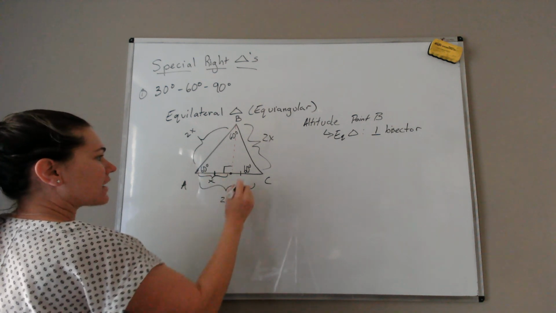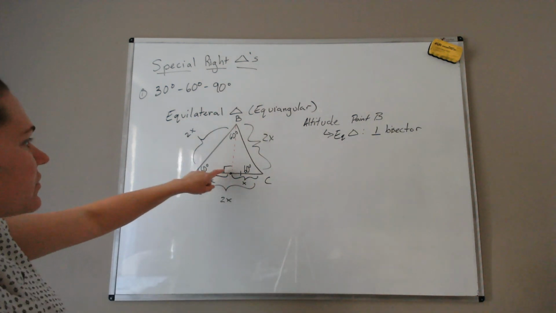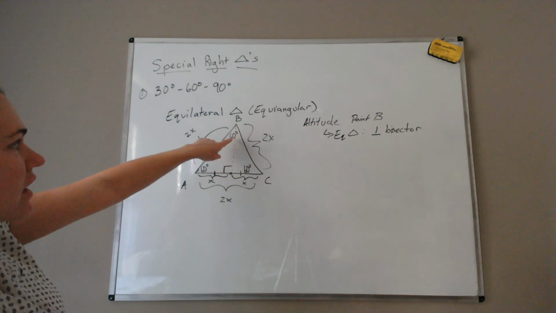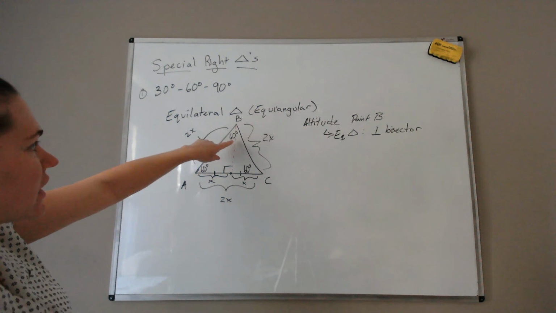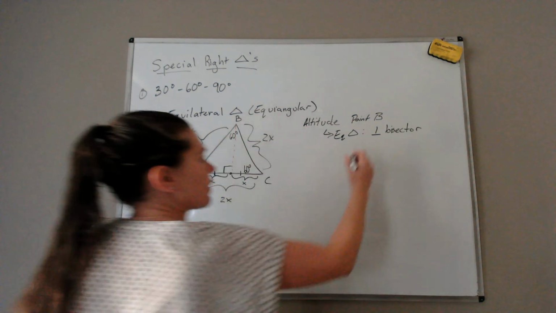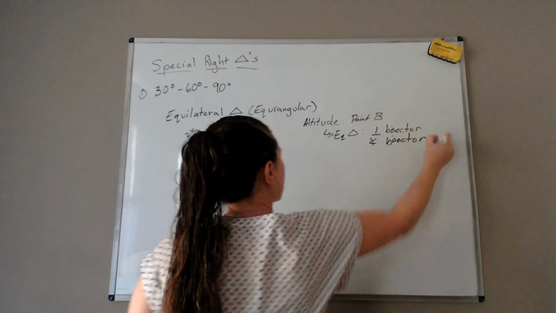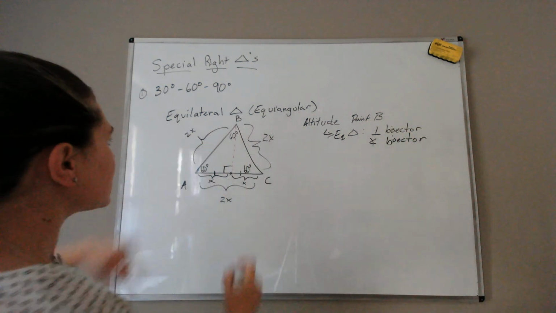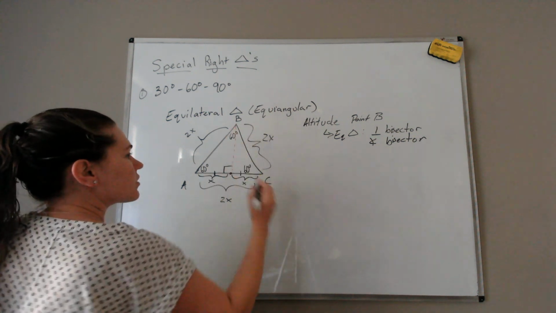It's worth x. And if this is 60, this is 90. If this is the perpendicular bisector, not only is it the perpendicular bisector, it's also the angle bisector in an equilateral triangle. So this angle inside of this right triangle is actually 30 degrees.